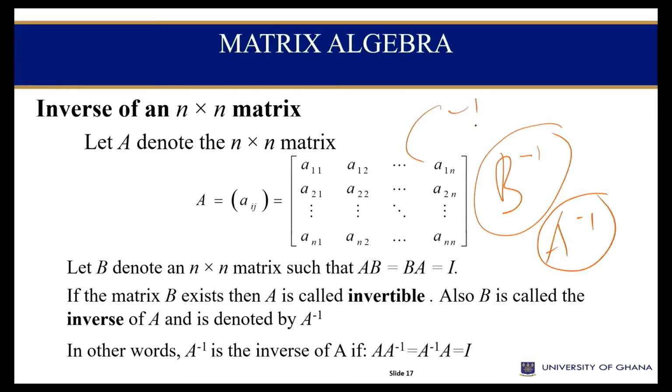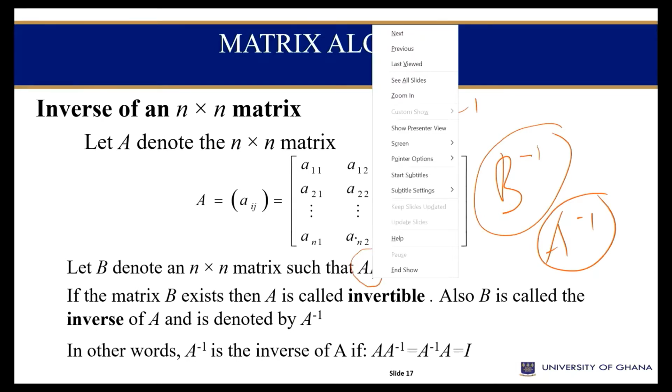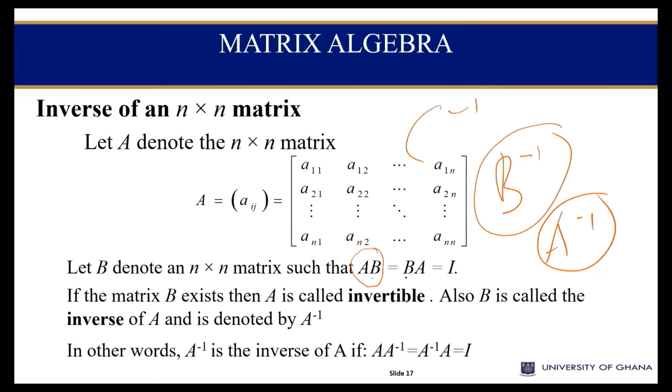In that sense, we are saying that let B denote an n by n matrix such that if I multiply matrix A times B, which gives me matrix B times A, and my answer is an identity matrix, we can say that A is the inverse of B. I can only get an identity matrix if one of the matrices I'm multiplying is the inverse of the other. We'll be using this operation very soon.